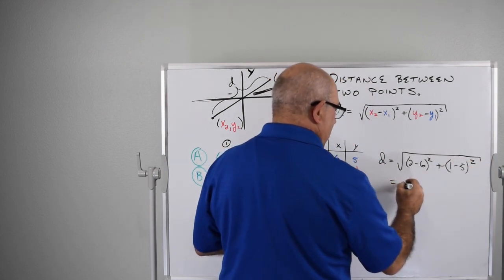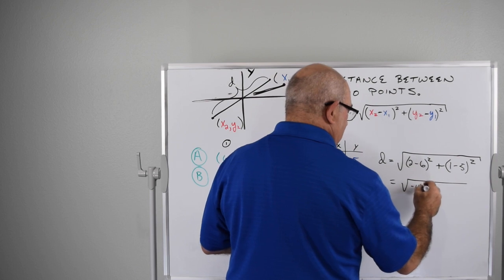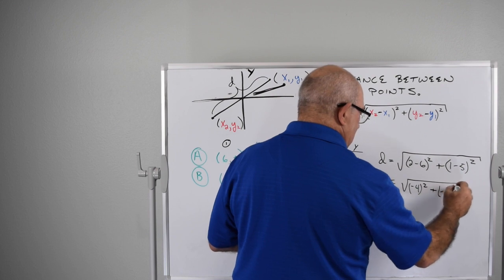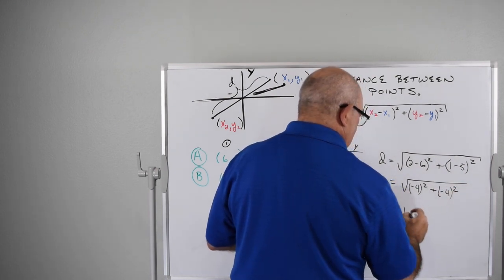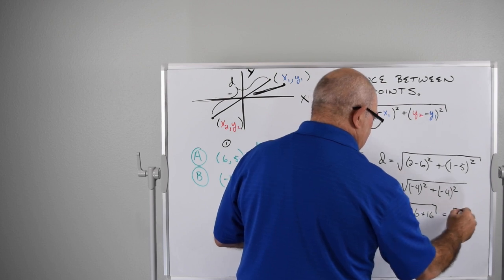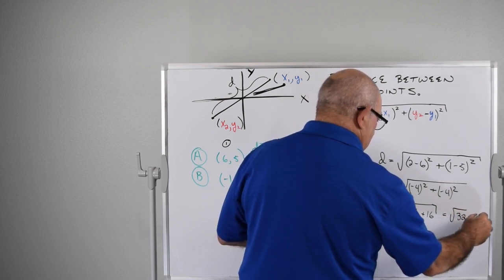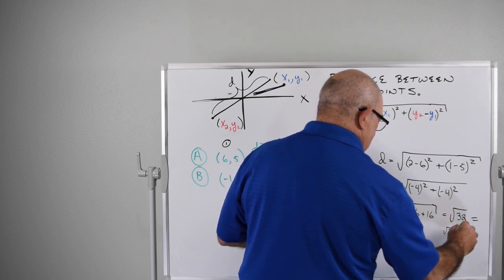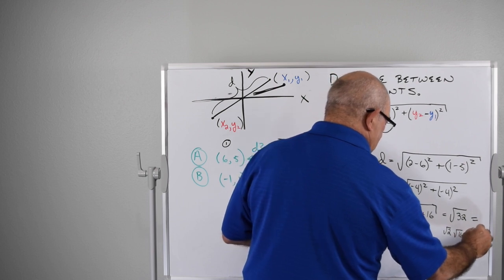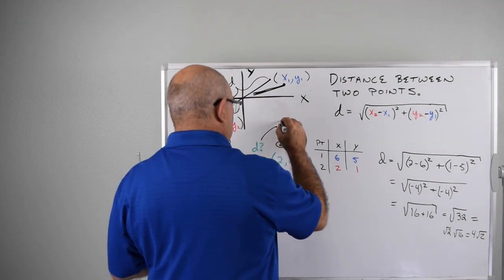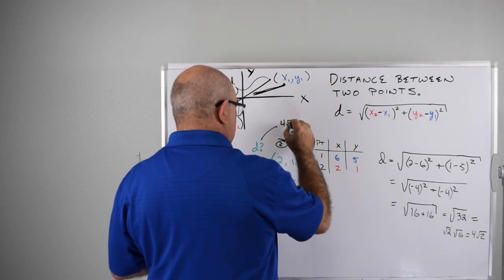And that is going to equal the square root of minus 4 squared plus minus 4 squared. And that equals the square root of 16 plus 16, which equals the square root of 32, which equals the square root of 2 times the square root of 16, which equals 4 square root of 2. So that's the first answer. This distance is 4 root 2.